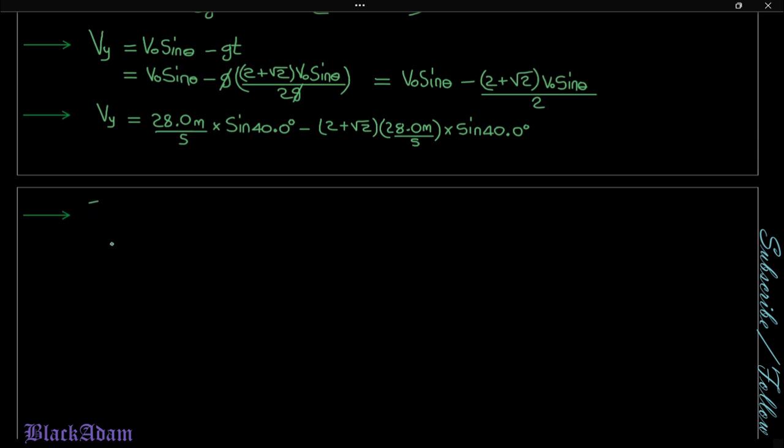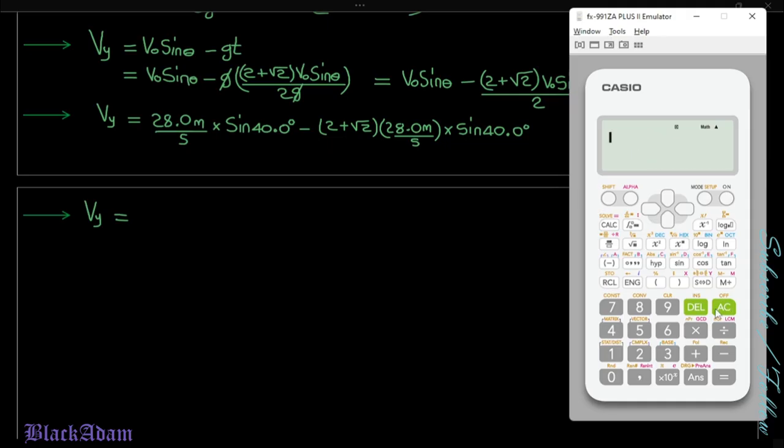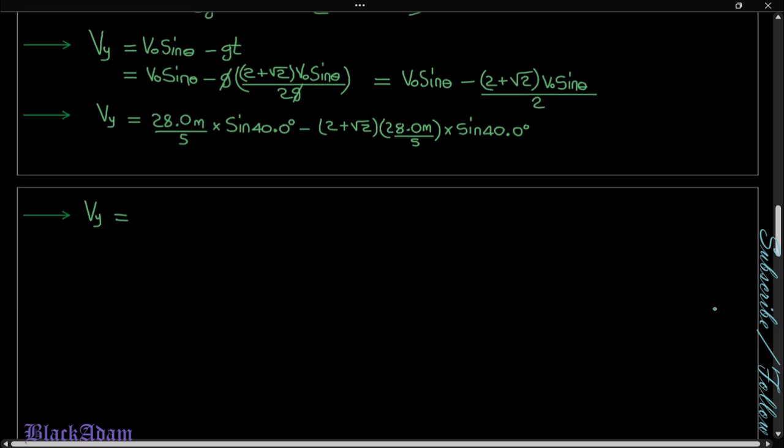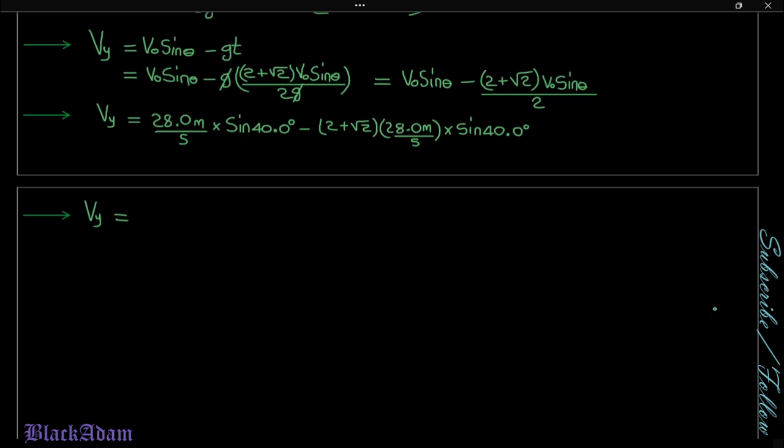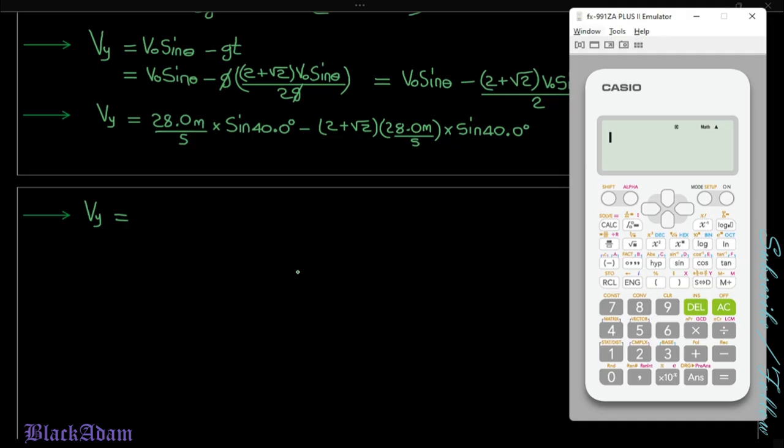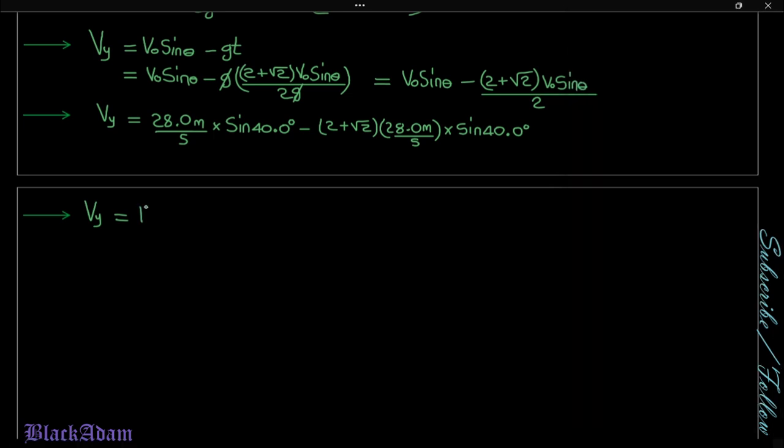Remember, we have to divide by 2. We take the first part, 28 multiplied by sine 40, that's 17.991 meter per second. We're not going to round off yet because we'll round off in the final answer.